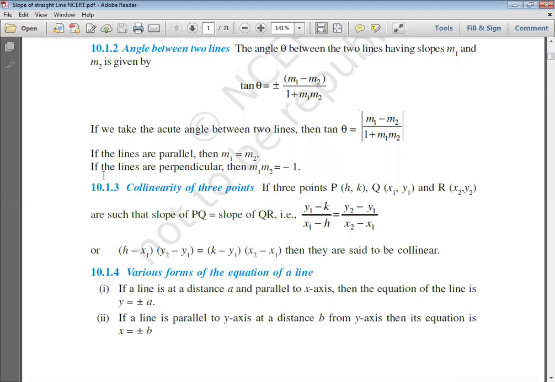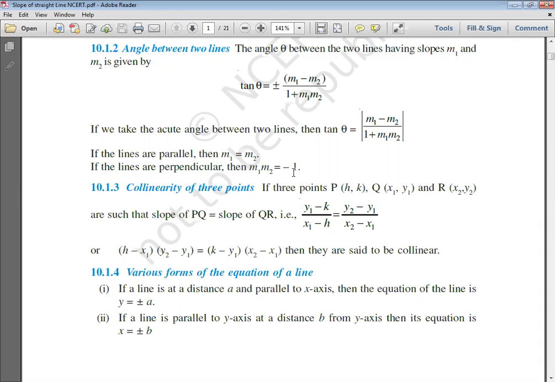Similarly, the second one is the condition of perpendicularity. If the lines are perpendicular, then m1 into m2 is equal to -1. That means the product of the slopes is equal to -1. This is the condition of perpendicularity. That means under what circumstances two straight lines are said to be perpendicular.